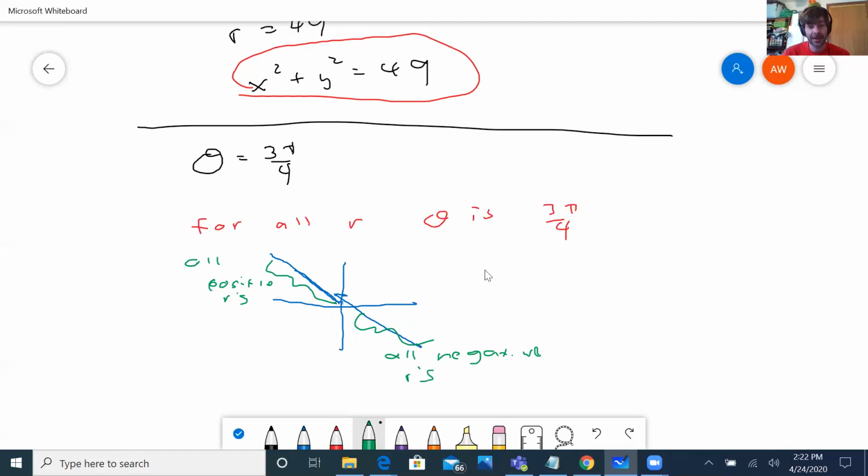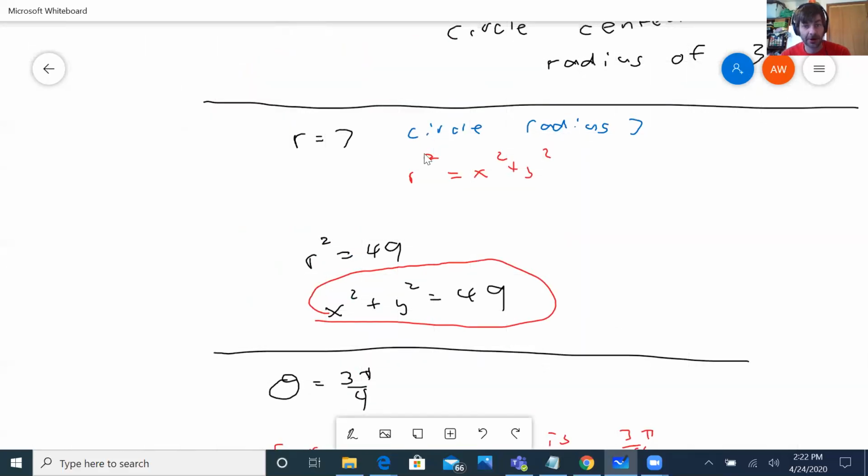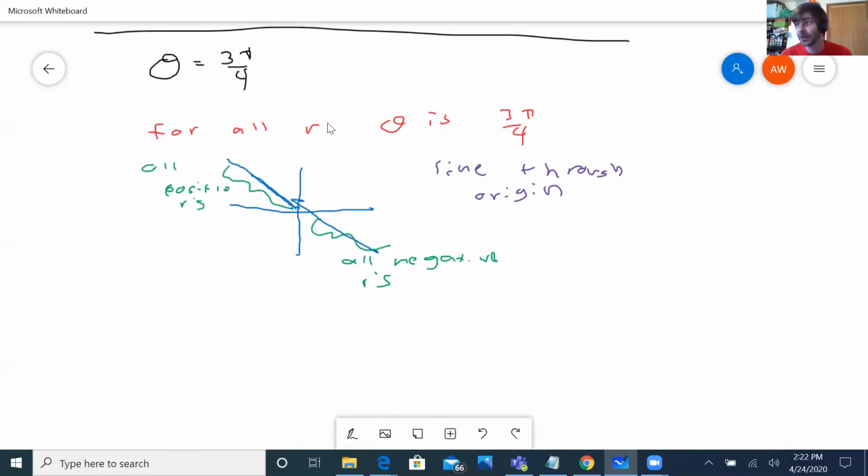So this is going to be a line through the origin. So when it comes to polar equations, constant r's are circles, constant thetas are all lines through the origin.